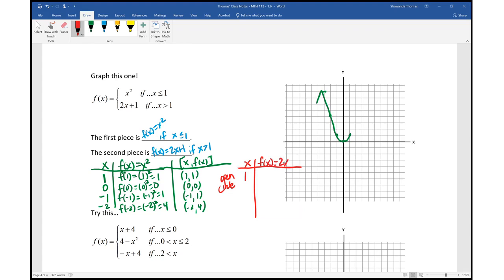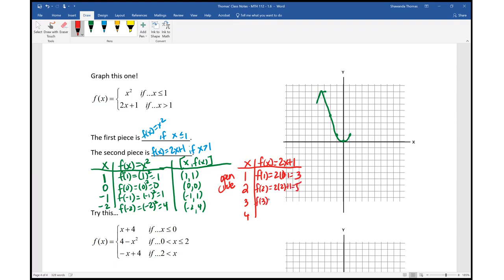It'll be 2x plus 1 this time. Greater than 1: 2, 3, 4, for example. F of 1 equals 2 times 1 plus 1, 3. F of 2 equals 2 times 2 plus 1, 5.